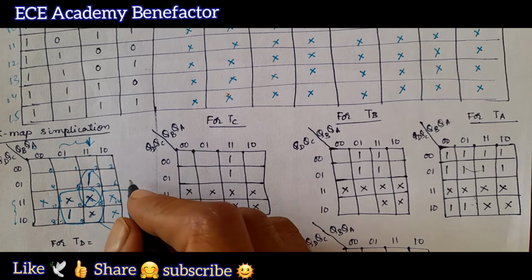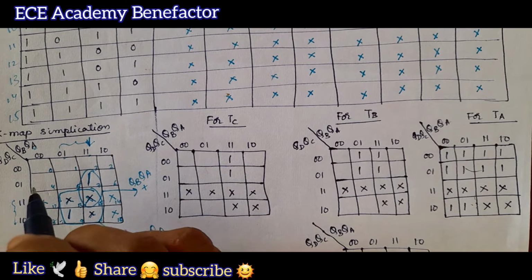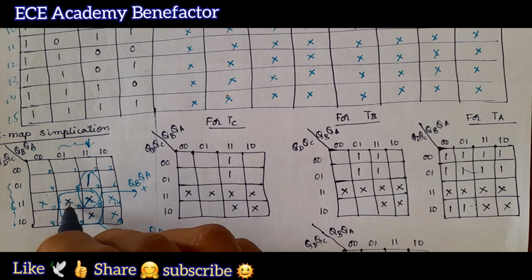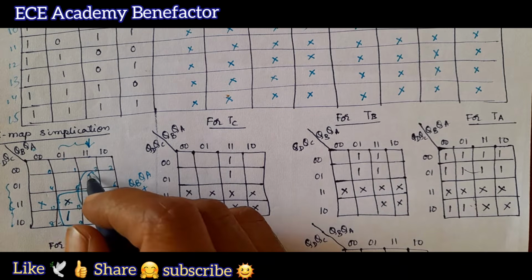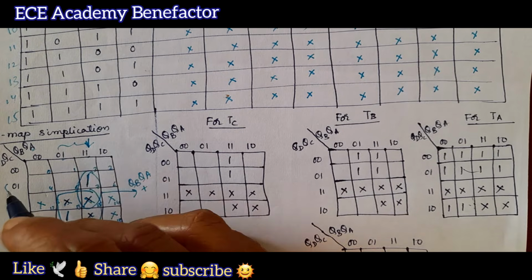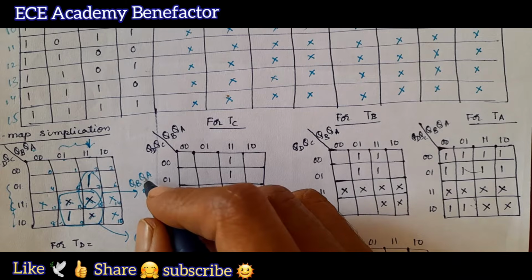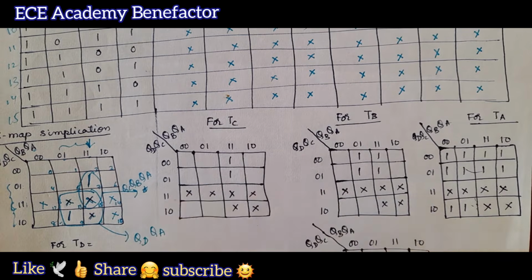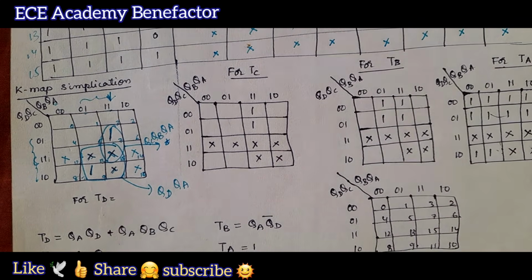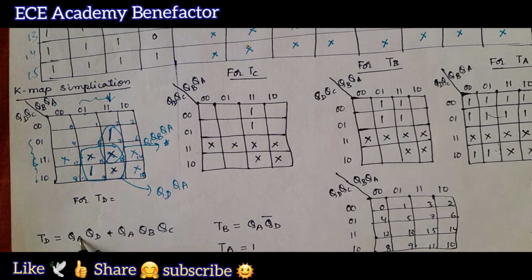The pair name will be QB, QA. In these two rows, one is common. What is one? That is QC. So we will get QB, QA, QC. Okay. So we are getting one quad and one pair for this TD. The equation for TD comes to be QA, QB, QC plus QA, QD.